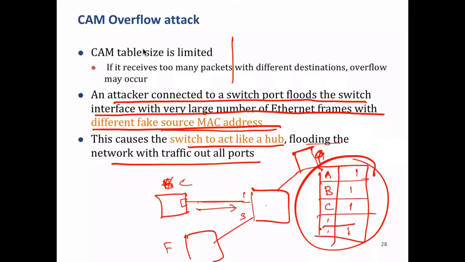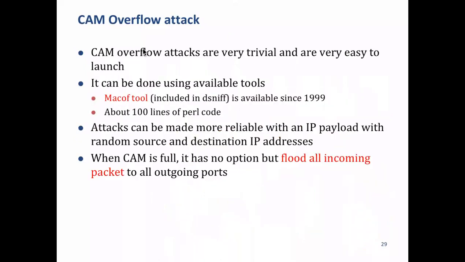So it means that this frame received here will be broadcast to all. So it will flood, and this flooding will happen continuously. It will cause a lot of traffic, and the switch will not function properly, right? You can experiment with this using the Macof tool, which is available.